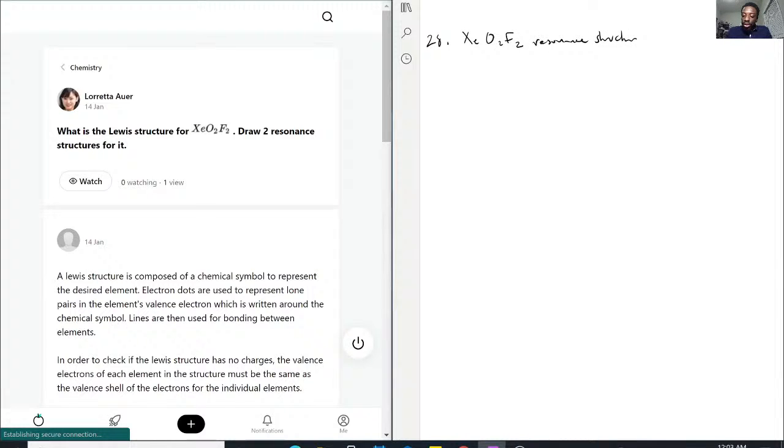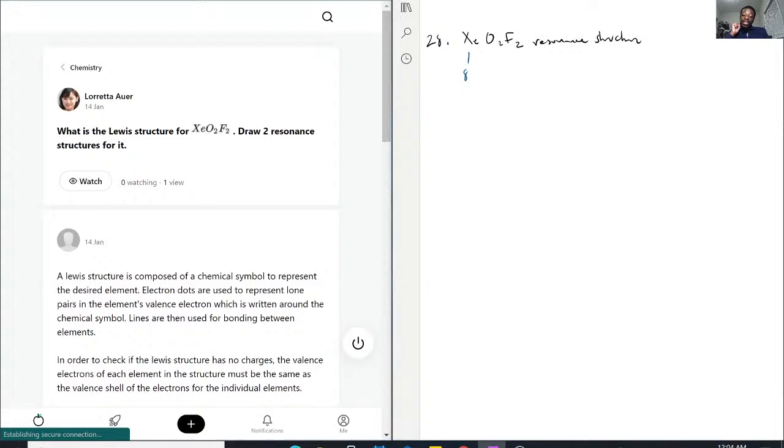Resonance structure. Okay. So we have XeO2F2. So xenon actually will have to break the octet rule for sure, because it is a noble atom, and those already have 8 valence electrons. It really doesn't have any purpose actually forming bonds with other things. Yet here we are.